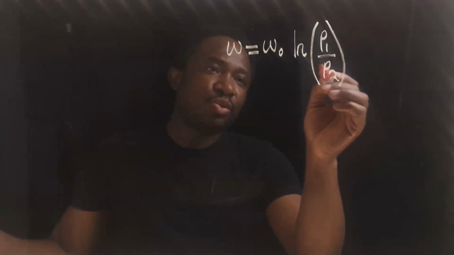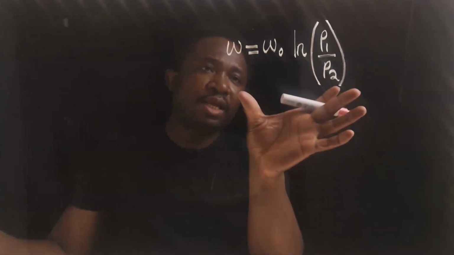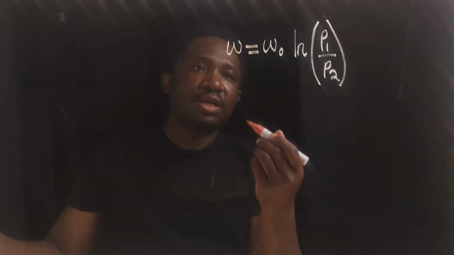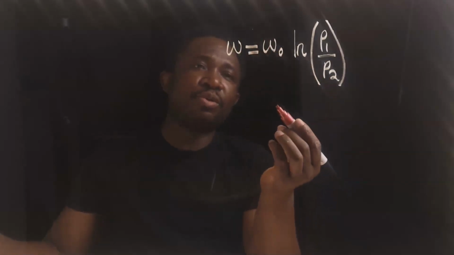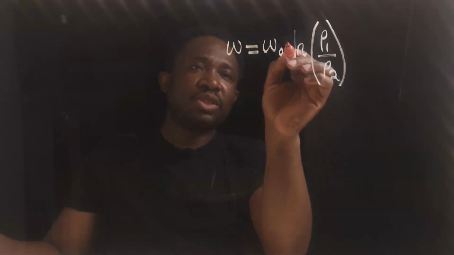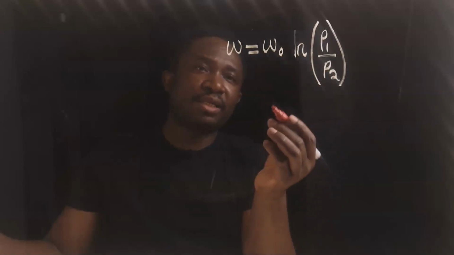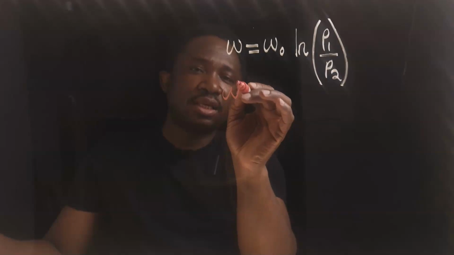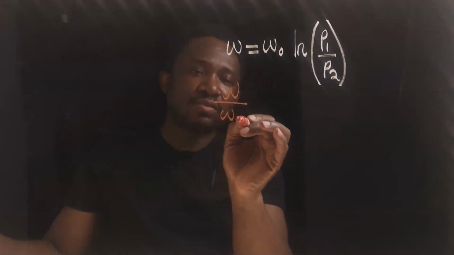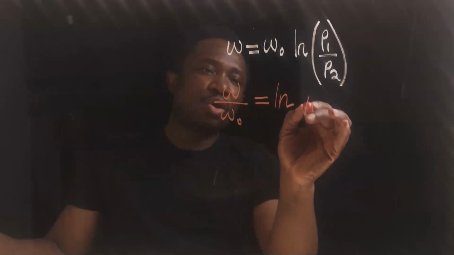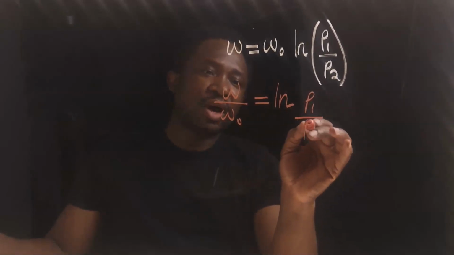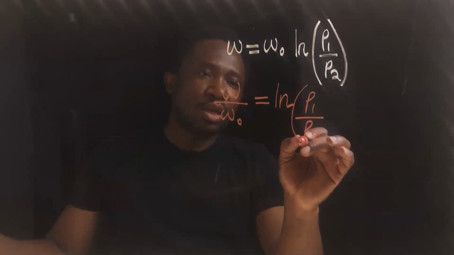Let's make P2 the subject in this equation. The first thing we're going to do is to get rid of w subscript naught, and because it's multiplying, on the other side is going to divide, and now we have the natural log of P1 divide P2 in bracket.